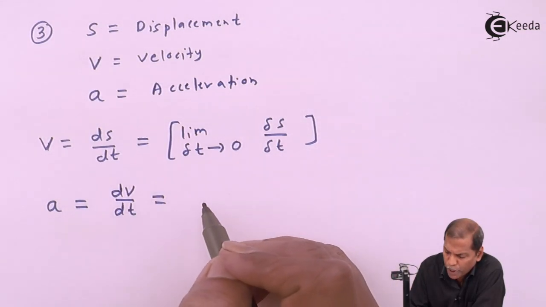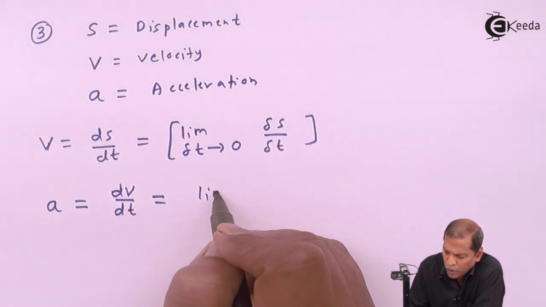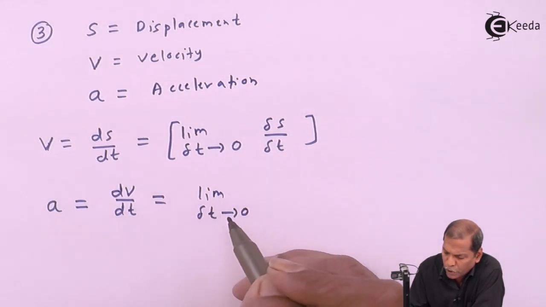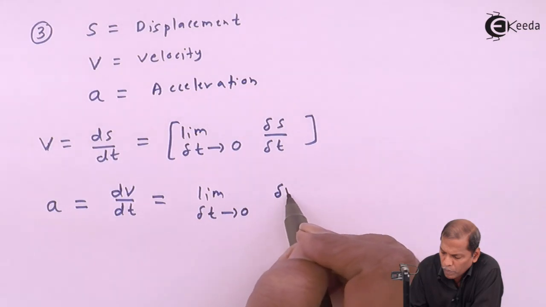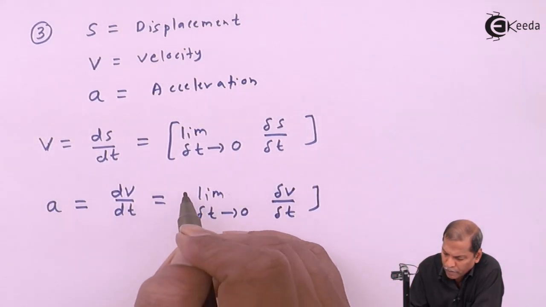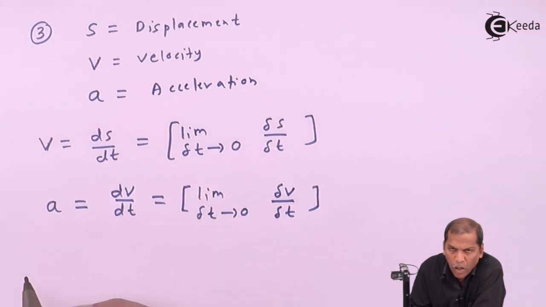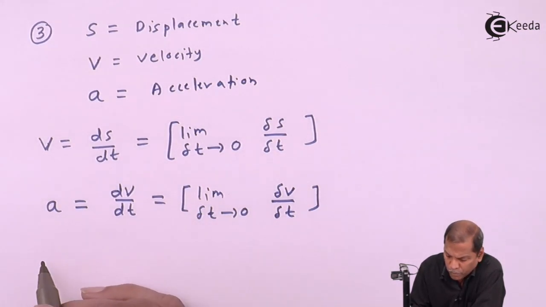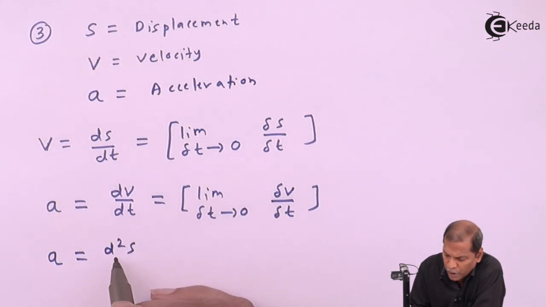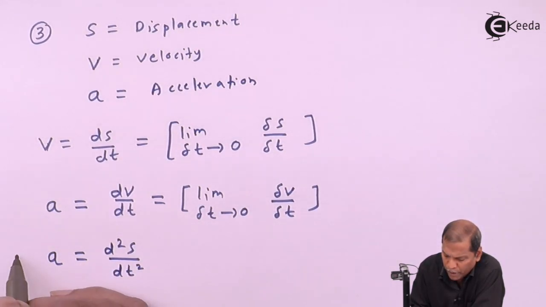In limit form, this can be written as limit delta t tends to 0 delta v upon delta t. Also, the acceleration A can be written as d2s by dt square.